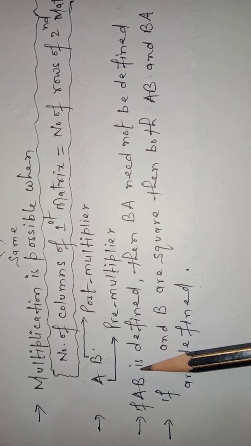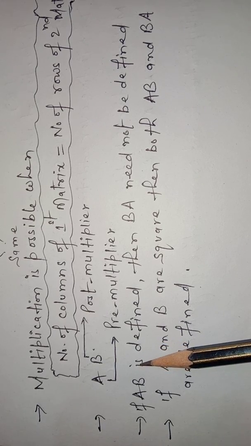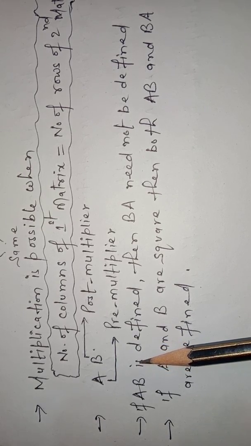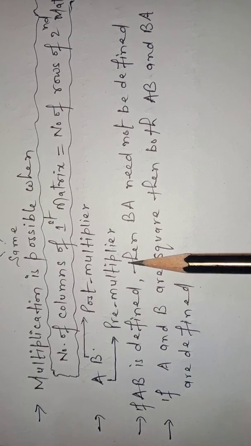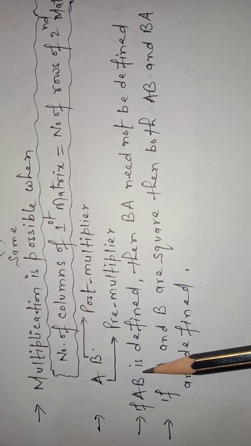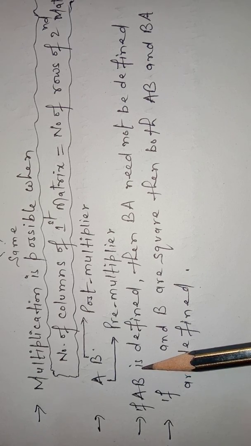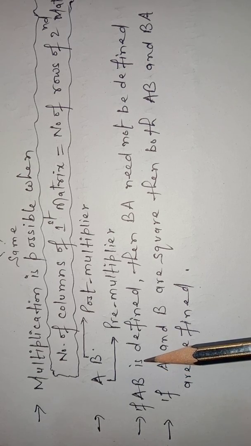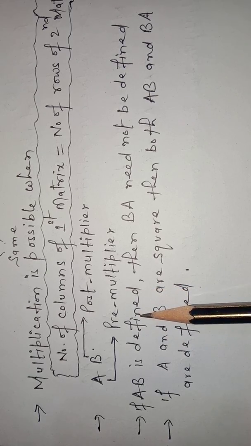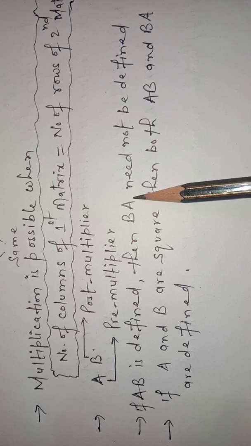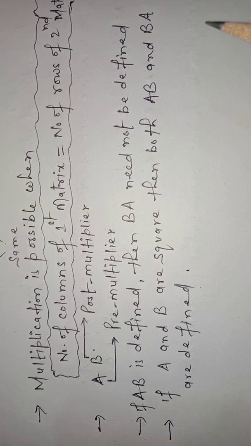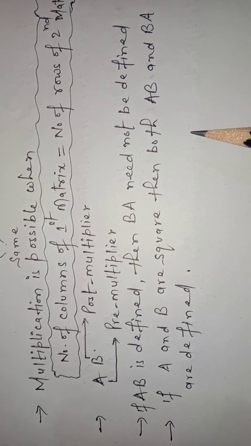So the product of two real numbers is commutative, meaning we can multiply in any order and get the same result. But in the case of matrices, this is not always correct. So you must remember this fact: if sometimes AB is defined, it is not necessary that BA is also defined.